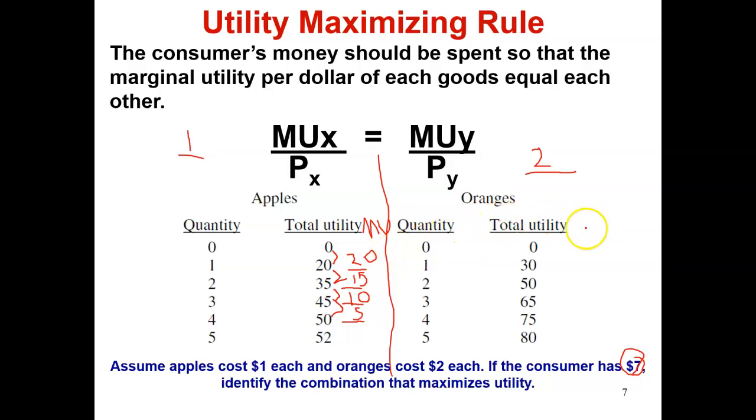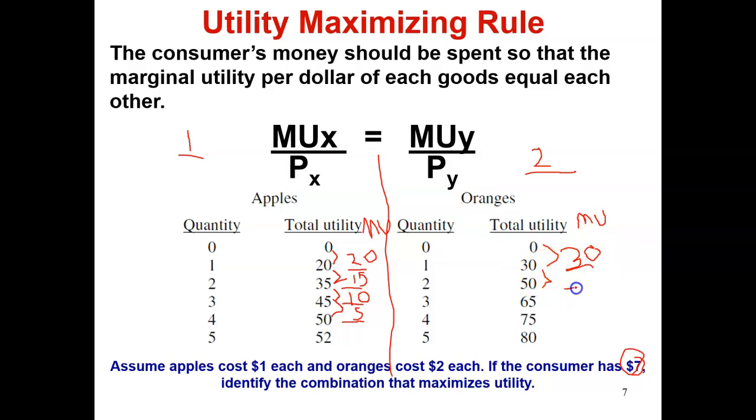We can also do marginal utility. We can do a column here, and we'll just put marginal utility for oranges here. And in this case, we're going to have a marginal utility of 30. Sorry, my mouse is acting odd. That's a little tricky to do. 30.